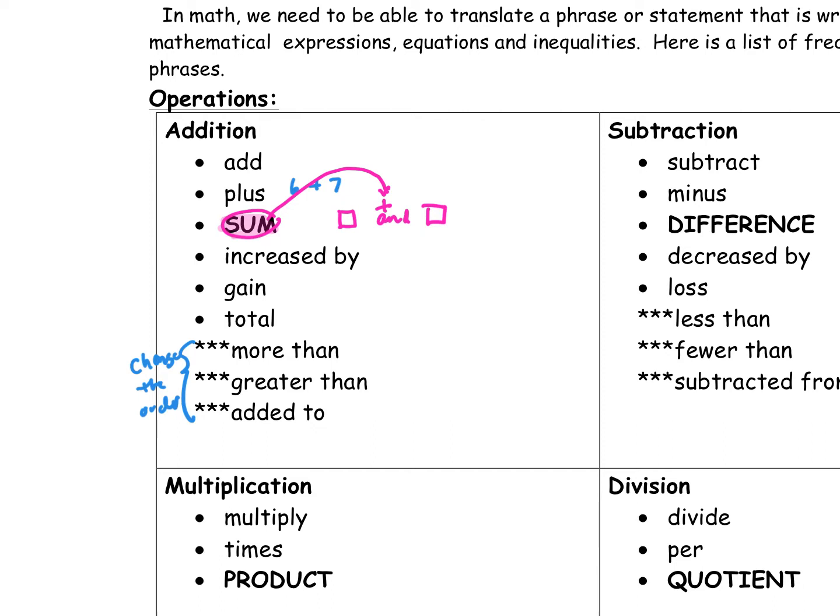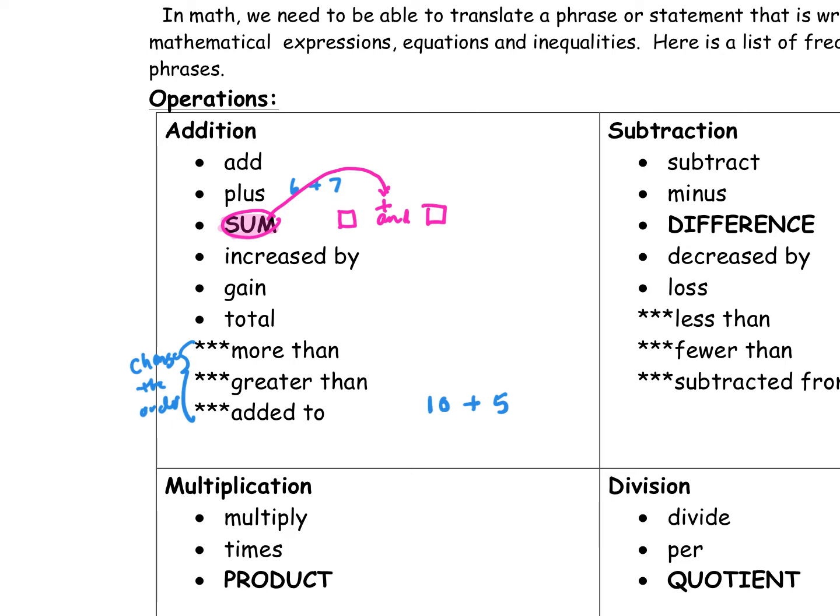I said the number 5 first, but we're adding it to 10. So we would actually write that as 10 plus 5, even though we mentioned the 5 first. They're saying we're adding the 5 to the 10 that should already be there.